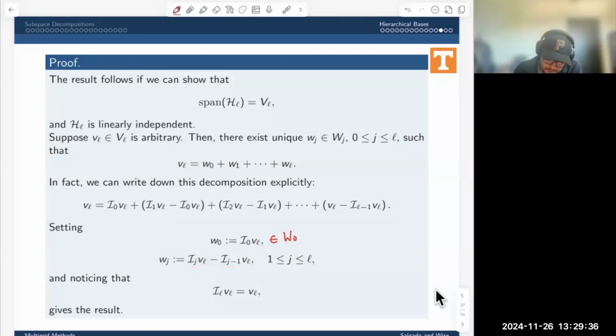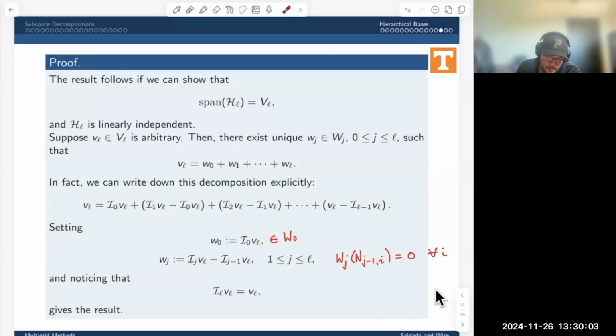So the way we show it is, when I evaluate Wj at the nodal points of Nj minus 1, that gives me 0 for all i. And again, the trick is the same one that we used in a previous proof.